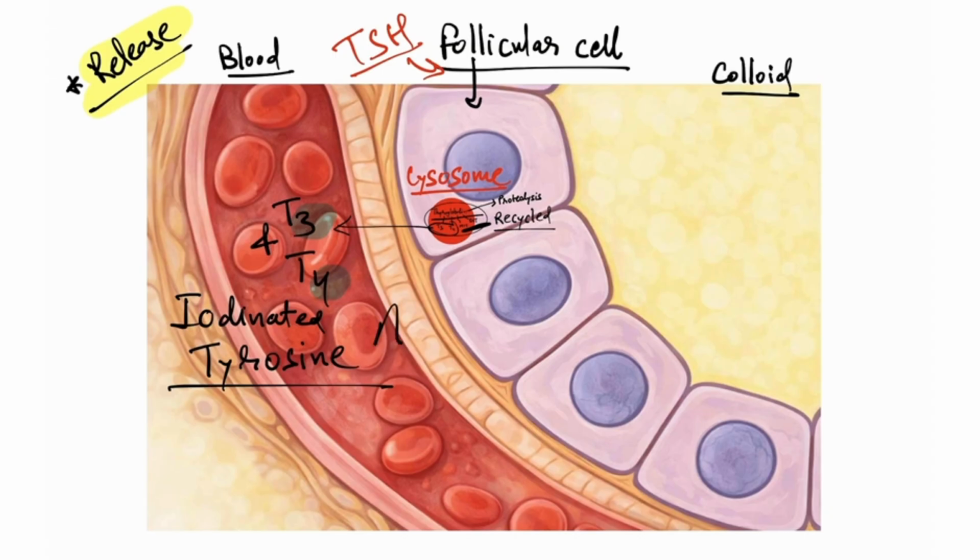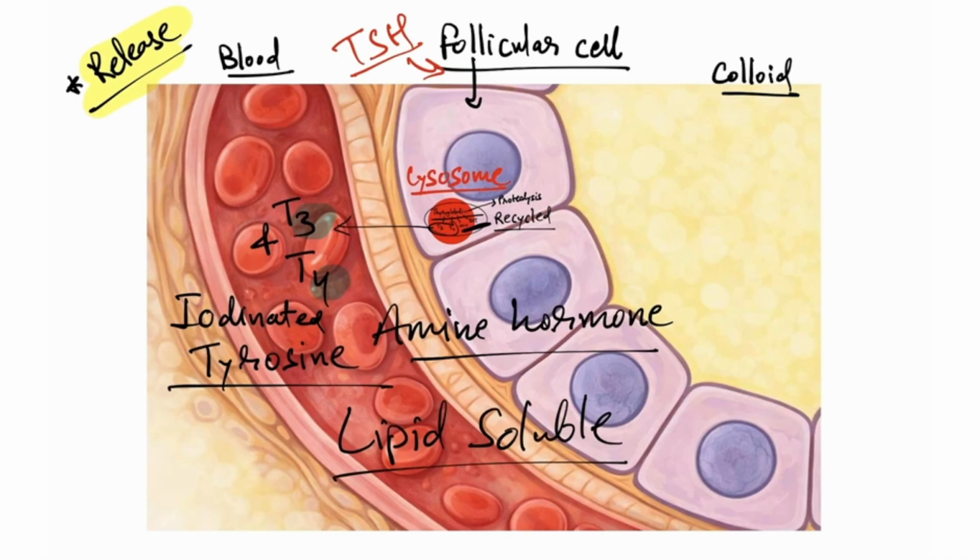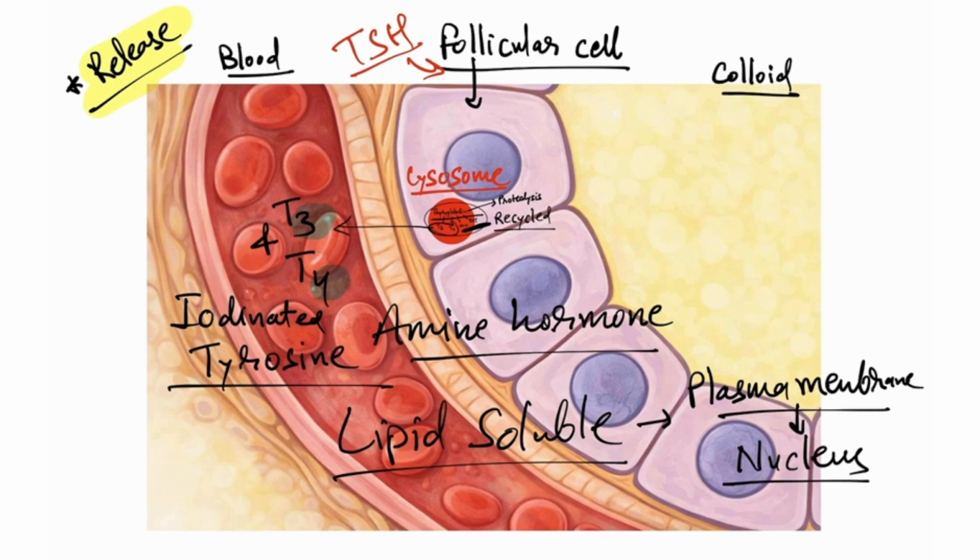They are amine hormones derived from tyrosine. Because coupling forms two aromatic rings, thyroid hormones become lipid soluble. This is why thyroid hormones bind plasma proteins, enter the nucleus, act via nuclear receptors, and have a long half-life.